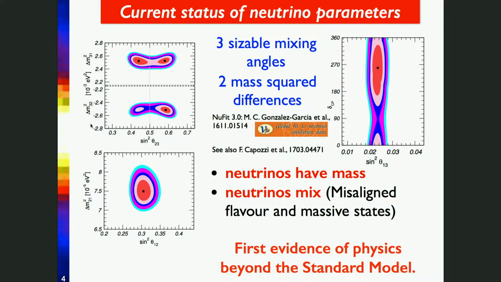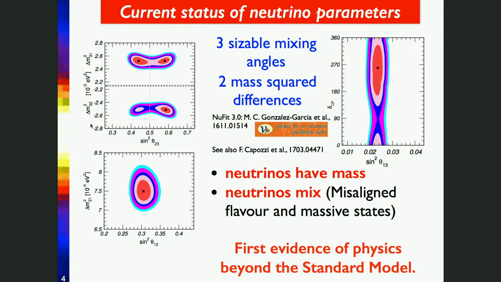So for example, theta 1,3 is always the mixing angle which enters in the reactor experiments. And by fixing the meaning of the mixing angles, you have to change the ordering of the masses. So the lightest mass could be either M1 or M3, depending on the neutrino mass ordering.